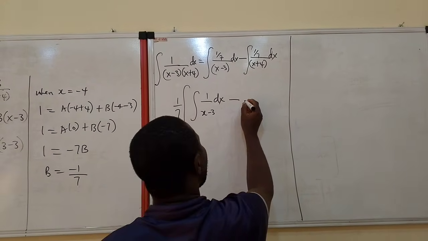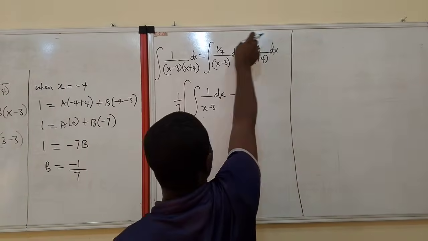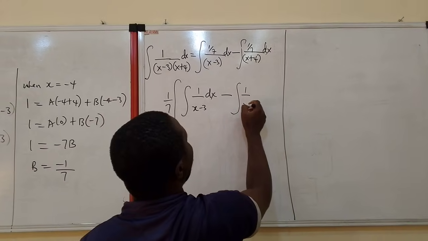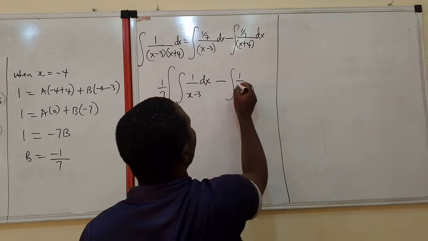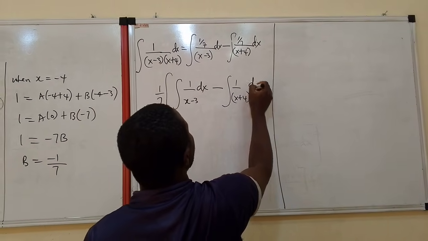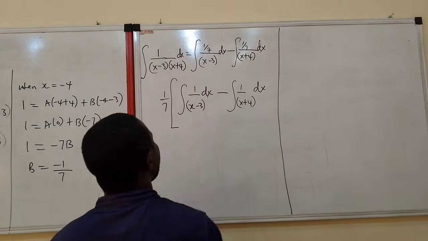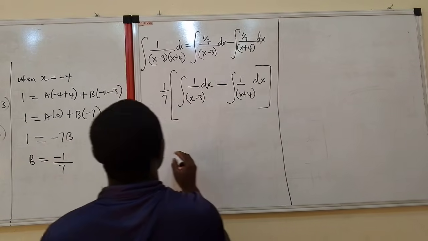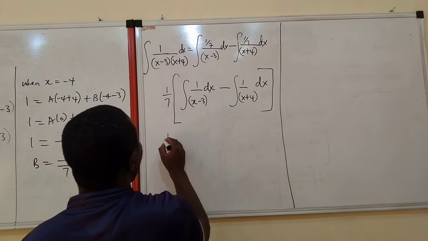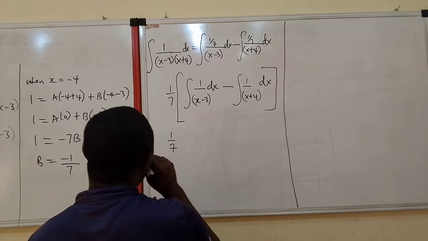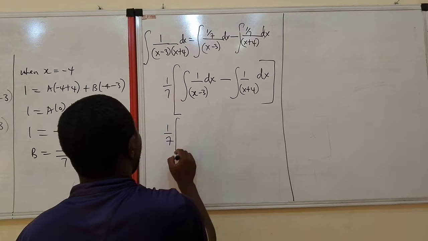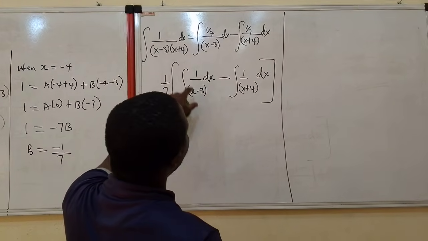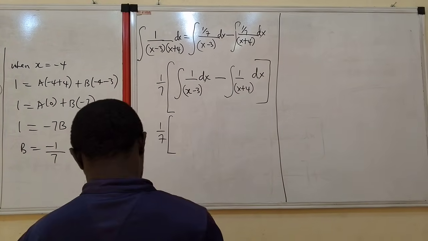Minus, you have brought out this 1 over 7, so this part will remain 1 over x plus 4. Now, I have 1 over 7, that big bracket, if we should integrate 1 over x minus 3 dx.